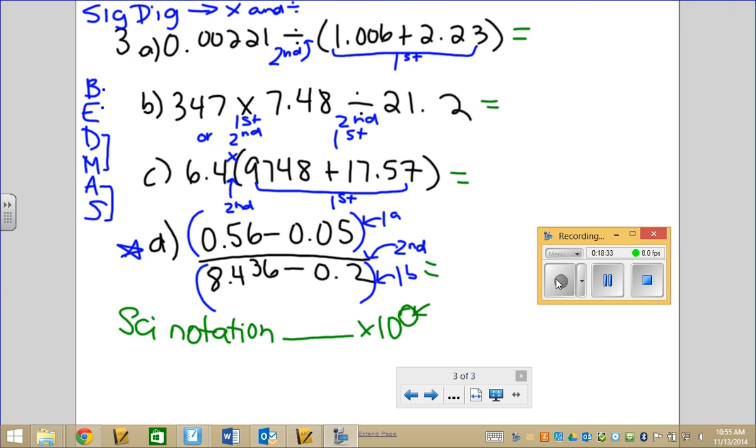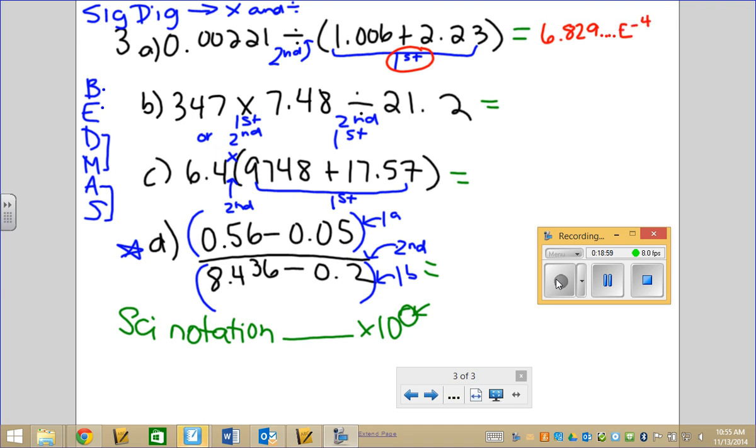Now back to this. That means that I will do this first. I won't round my answer off yet, and then I'll do 0.0021 divided by that. Now, depending on your calculator, there's two different versions of the answer you get. On the TI calculator, you probably got 6.829 blah, blah, blah, E negative 4.